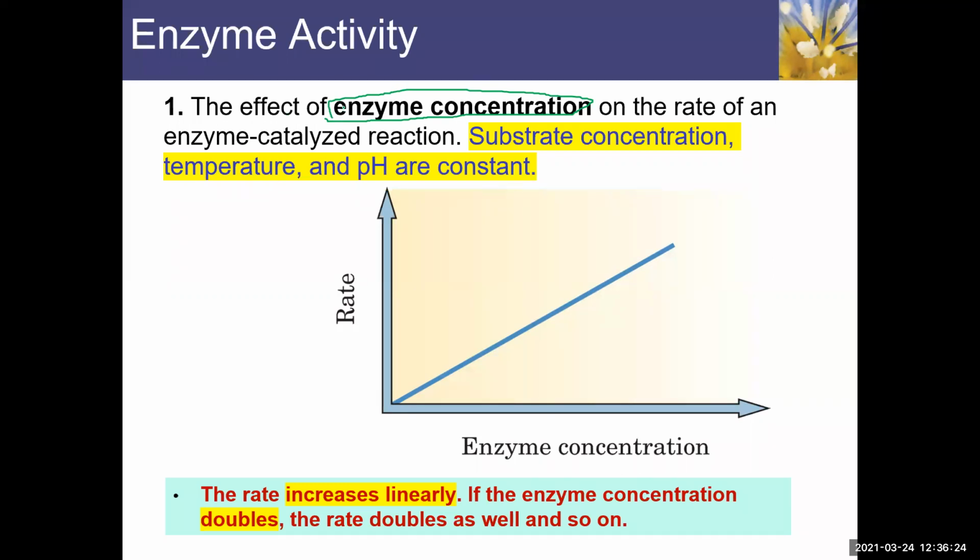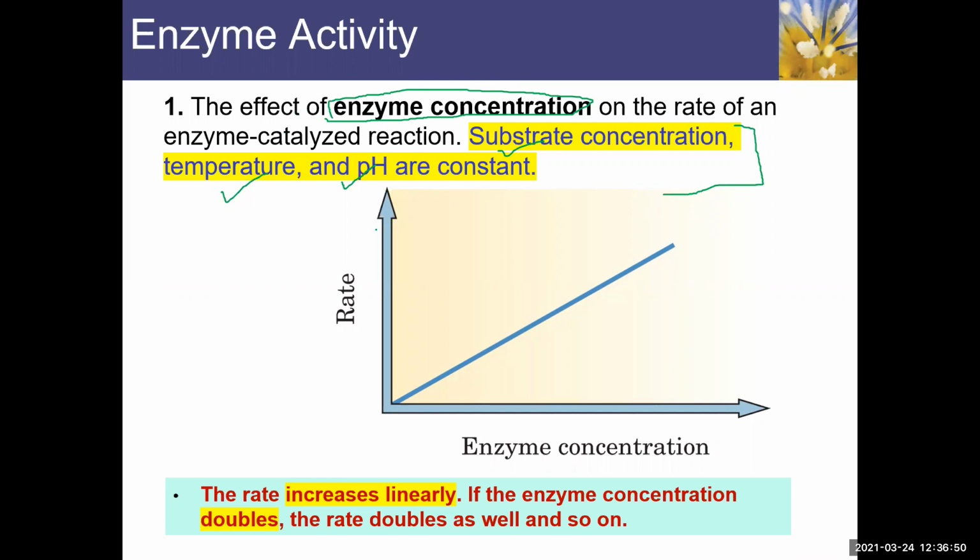When we do this, the substrate concentration, the temperature, the pH, everything else is kept constant. Guys, all these graphs are very important, so remember them. Please pay attention, everyone.